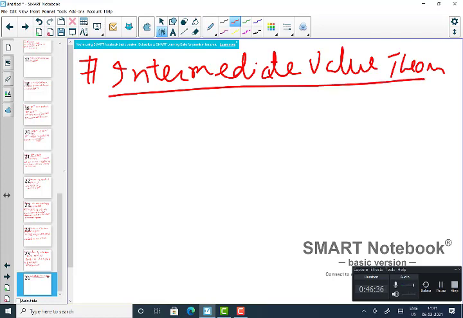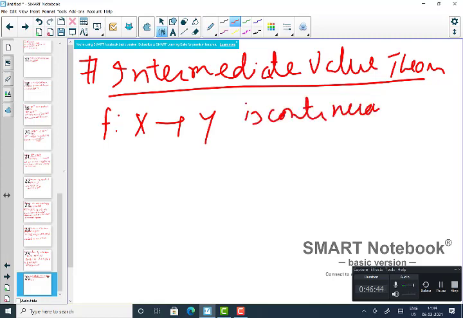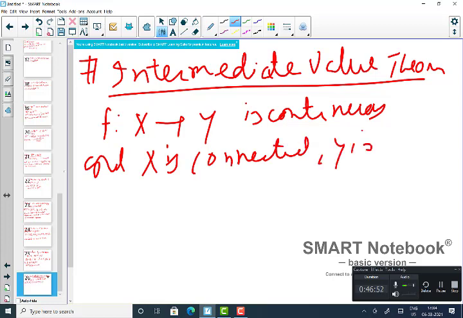The statement is that suppose you have a continuous function f from X to Y, and X is connected, Y is an ordered set, so Y has the order topology. Okay, this is given.